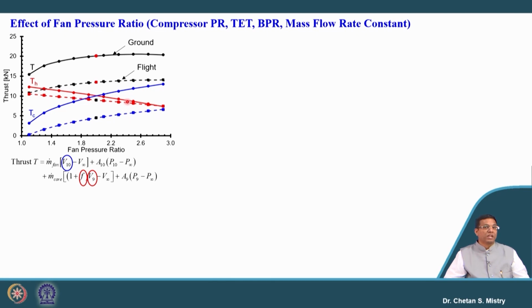So, we can say that in my flight condition my cold thrust has a major impact. Similarly, for the hot thrust this variation is not that much with a change of fan pressure ratio. Okay. And this represents the variation of total thrust.